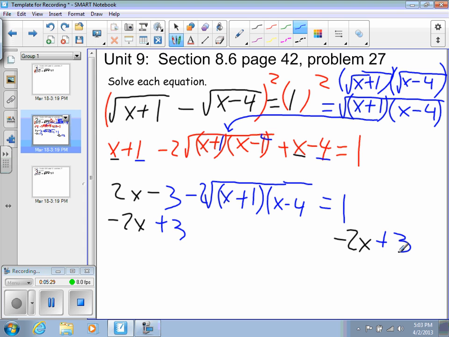So now what do I have here? Well, first of all, that cancels and that cancels. So I've got negative 2 times the square root of x plus 1.